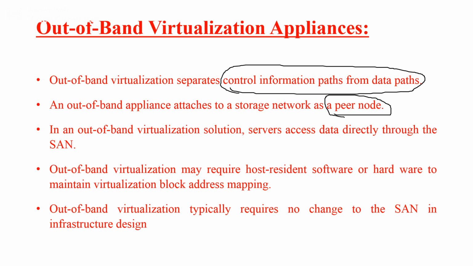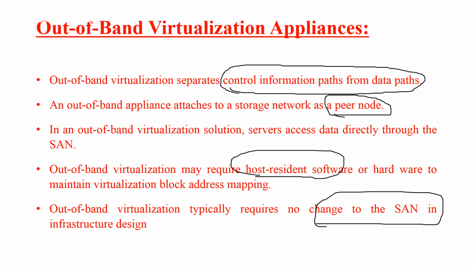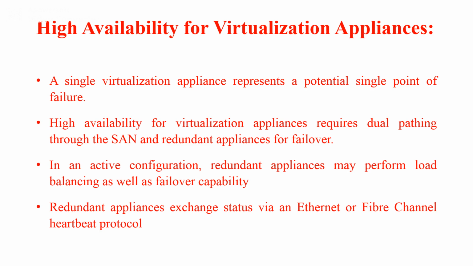In an out-of-band virtualization solution, the server accesses data directly through the SAN, and it may require host-resident software or hardware to maintain virtualization block address mapping. Out-of-band virtualization typically requires no change to the SAN environment; no modifications to the SAN architecture are required.